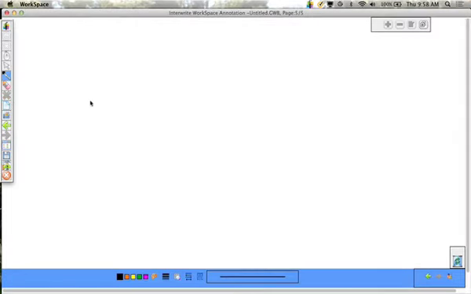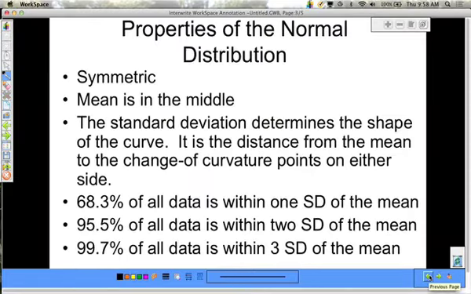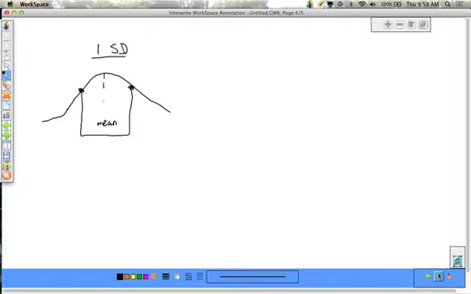So if we were to take a look at this curve, 1 standard deviation, here's our curve. That's horrible, but our mean is in the center, and then where that curvature changes, maybe right here, this is 1 standard deviation. So as it said on the previous screen, 68.3% is within here.